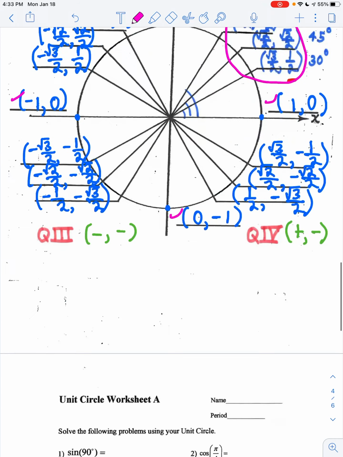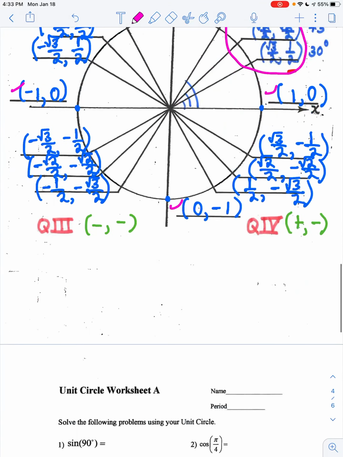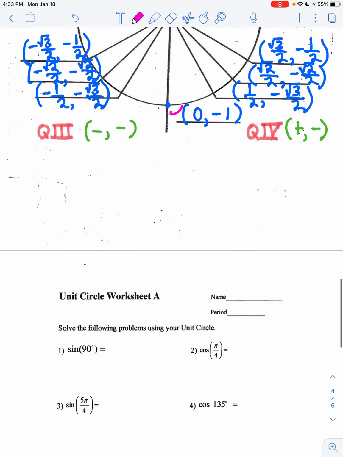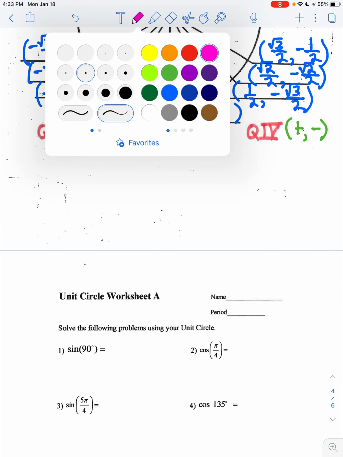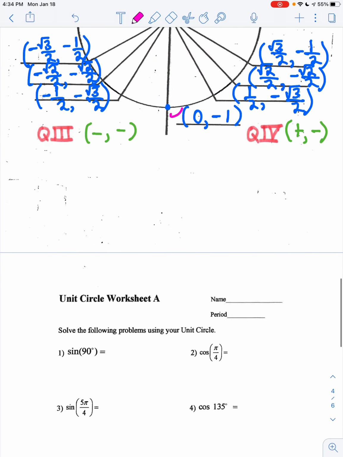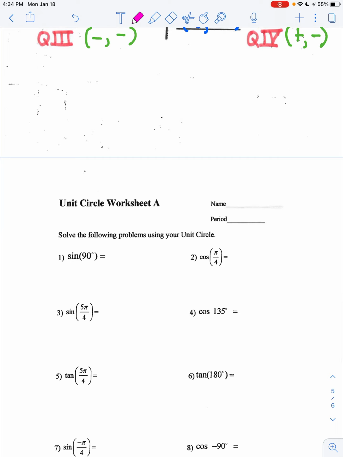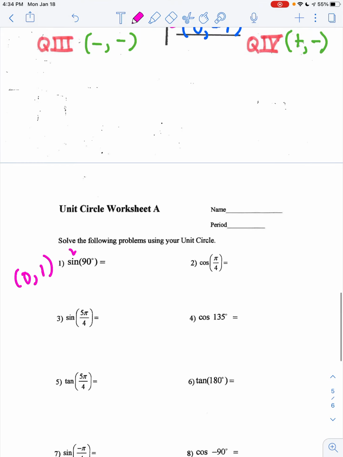All right, now let's apply it. You're going to have to flip back and forth between here. But for instance, the sine of 90 degrees. If you know what the value of 90 degrees is, I can go up here, the ordered pair, I'll even write the ordered pair. The ordered pair there, of course, is 0, 1. The sine is which value? Well, we have to know the sine value is the y value, so that means the sine of 90 degrees is 1.